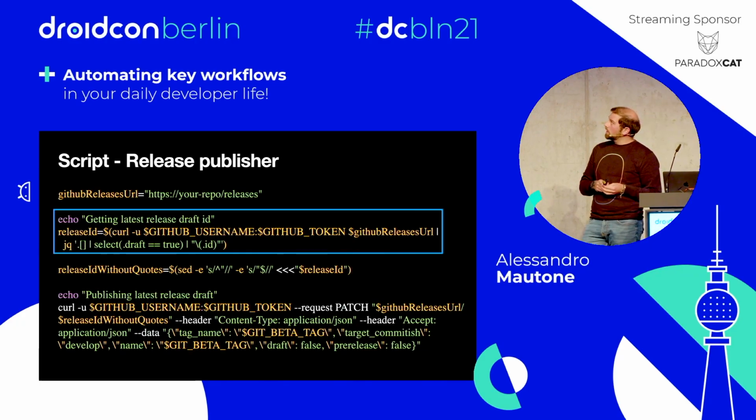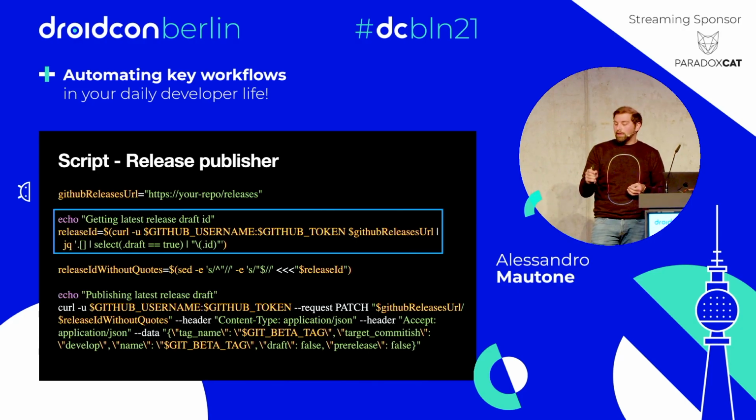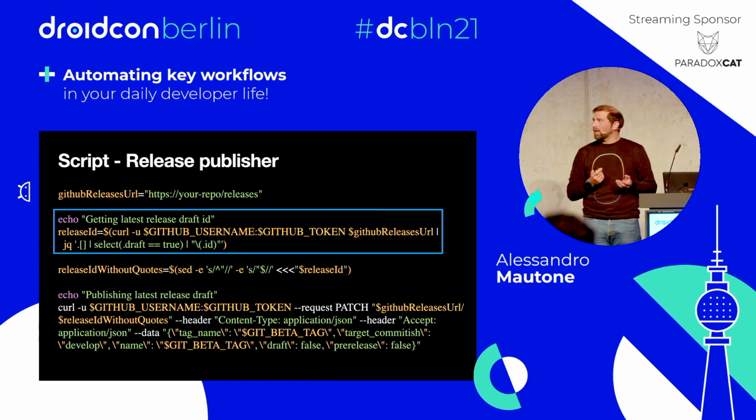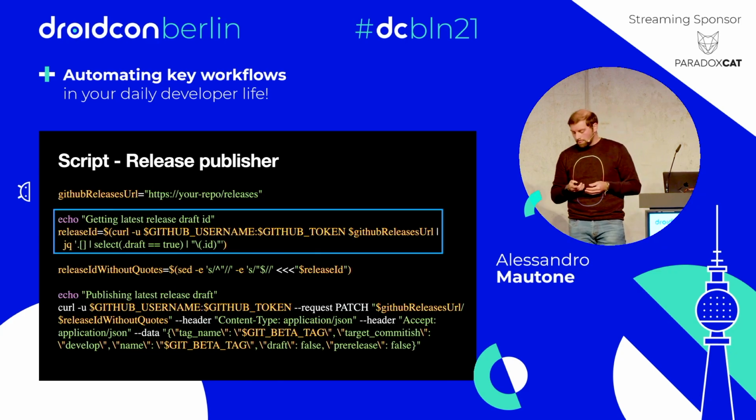That's a bash library to parse JSON responses. So we are parsing the JSON response, and we're getting the ID of the release that is in the draft state. You can see that there is a draft equals to true. Because we said before, we're using that GitHub action where we have a release in a draft state. And as far as I know, there can be only one release in draft state all the time, so it's enough to check for that.